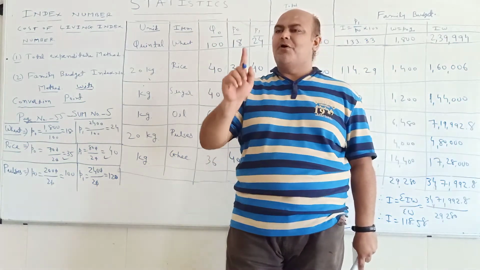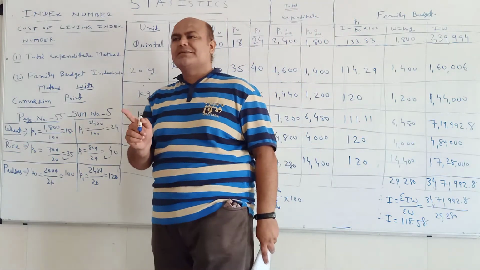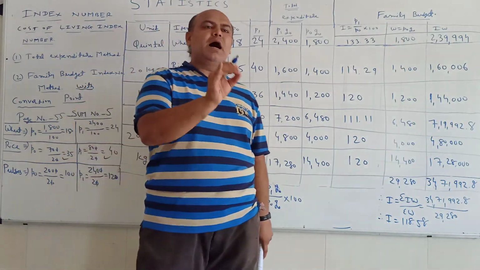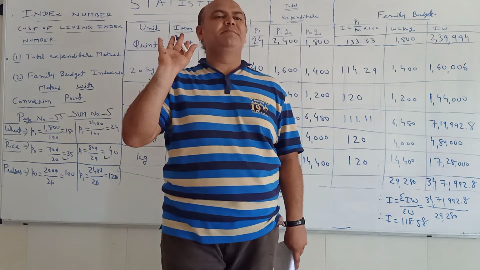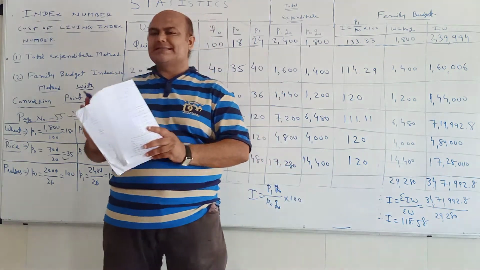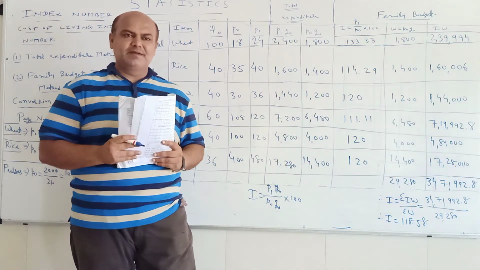The answers of the family budget index number method and the total expenditure method are always the same. Both are part of the cost of living index number method.